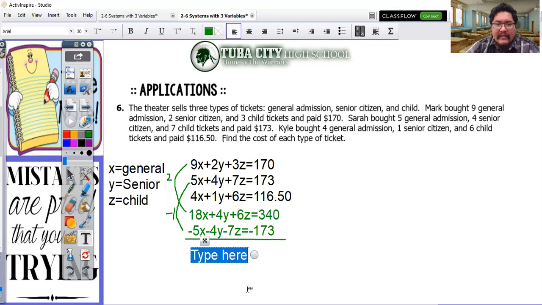So again, we're going to eliminate y, which it looks like it's going to do, which is good. So 18 minus 5 would be 13. And then minus z equals 340 minus 173, and that's going to be 167. So there we go. We eliminated y from there.